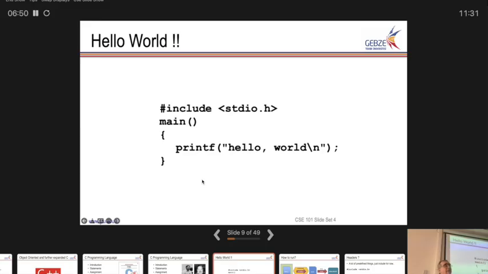We have multiple lines for human readability in the C language. In Python language, for example, it is different. In Python, location matters.